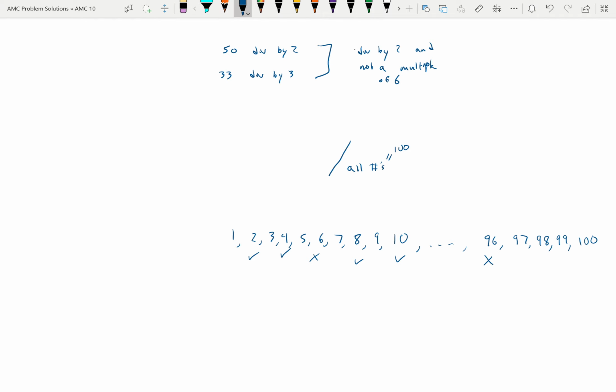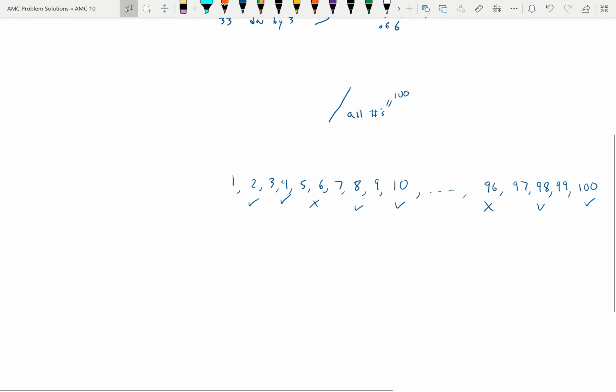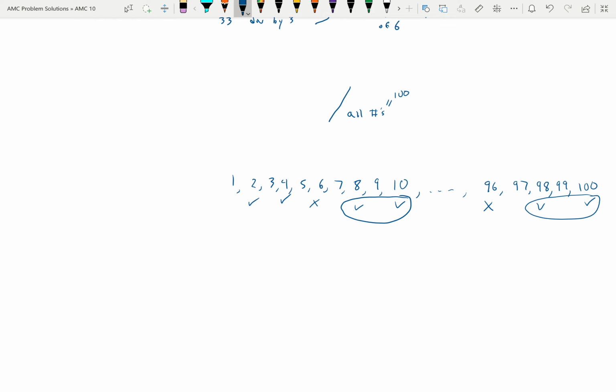So since 96 is a multiple of 6, put an X there, and then 98 and 100 are multiples of 2. So the number of multiples of 2 that are not multiples of 3, here we see these check marks. The number of those, we just need to count how many multiples of 6 there are.